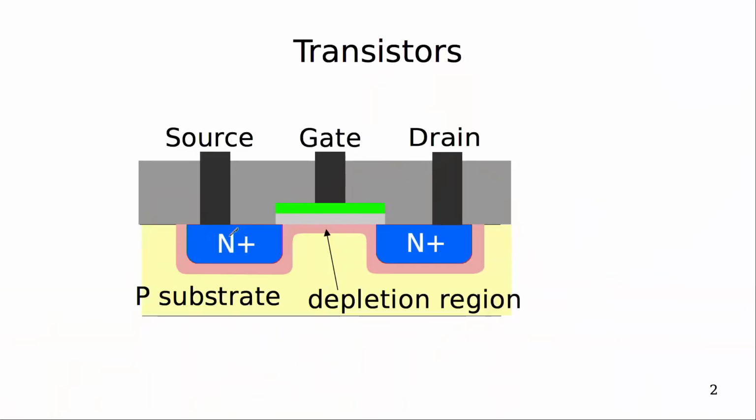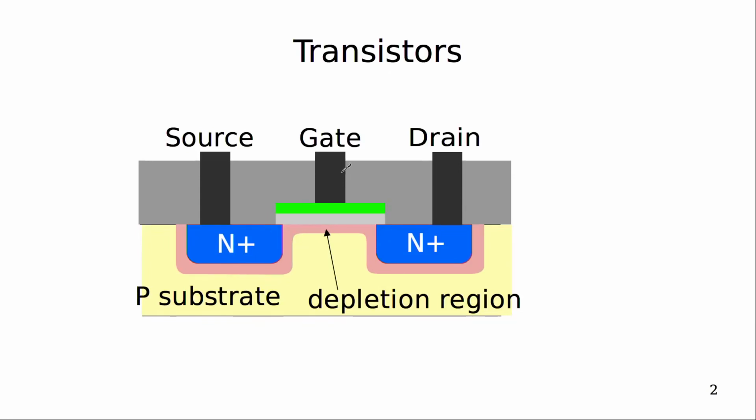This creates positive or negative charges, and they can move around and transport current. So you see here there's a source region and a drain region, and they are conductive by themselves, but they are separated from the P-type substrate by the depletion region, where there are no free charges, so there is no connection anywhere.